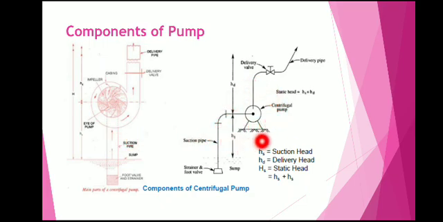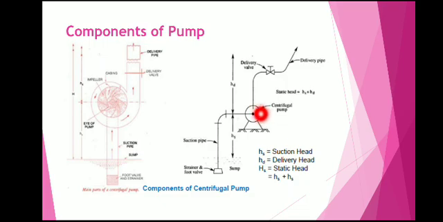And this is the schematic diagram of a centrifugal pump. This one is the suction pipe. This is also the delivery pipe. And this one is the delivery valve. Here the centrifugal pump is there. The distance between the surface of the water and the center of the shaft is known as suction head, that means Hs.